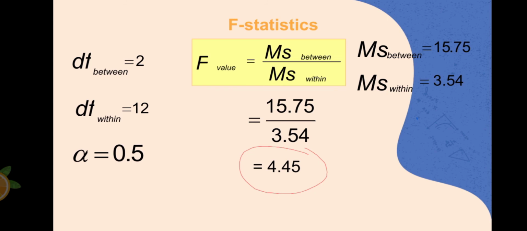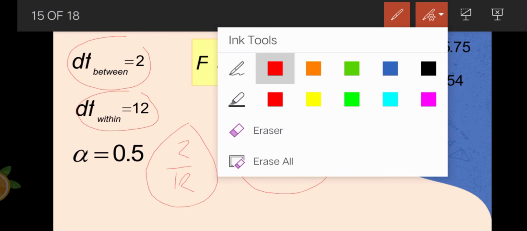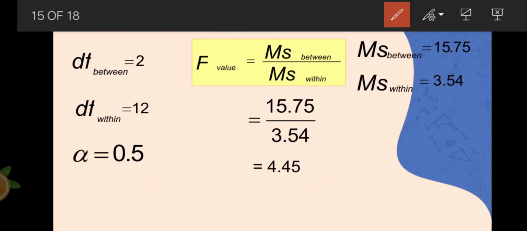So always remember that our df between would be our numerator, and df within is our denominator. Please remember. So we'll have to look for the F critical.